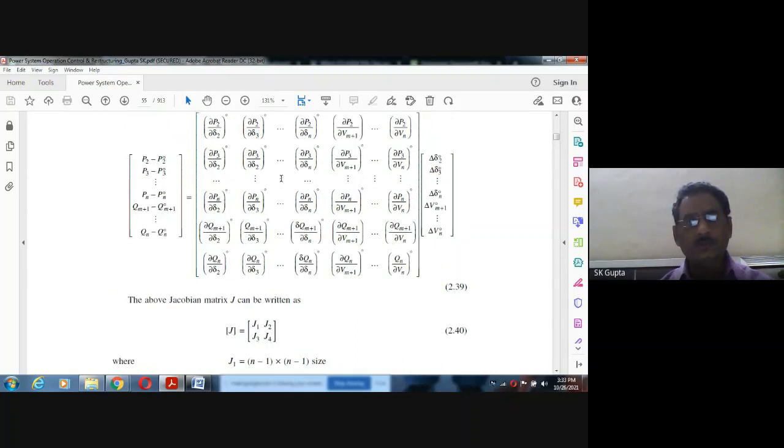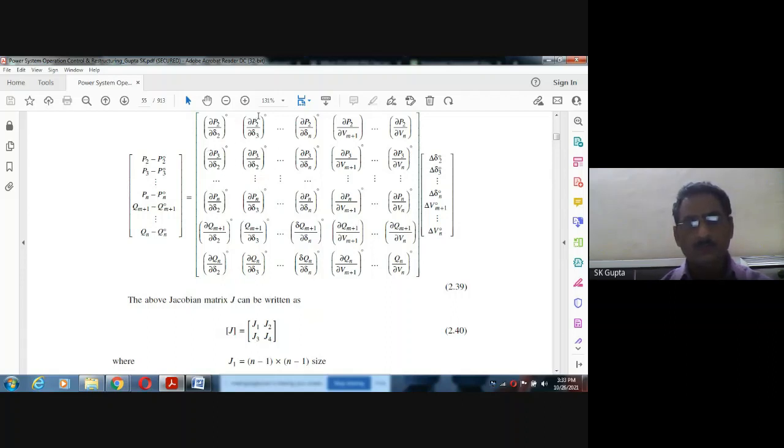Now you remember these terms. This P2 block is called J1. You can divide the Jacobian into 4 parts. The size of this is n minus 1, because from here it is P2 to Pn. So J1 is n minus 1 by n minus 1.